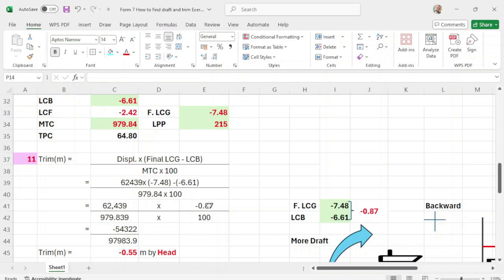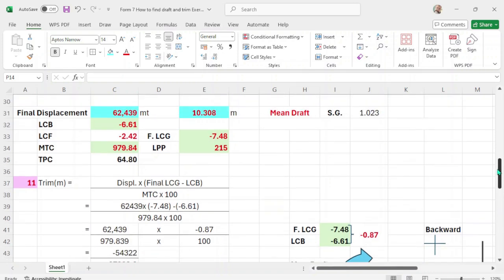Okay, so 0.87 times your displacement of 62439 over MTC of 979.839. This is MTC, 84 rounded up, times 100.